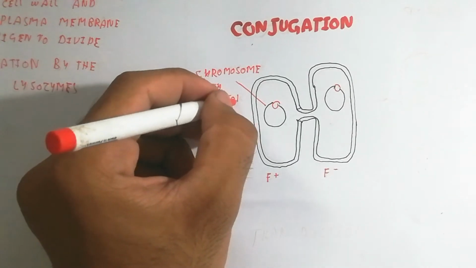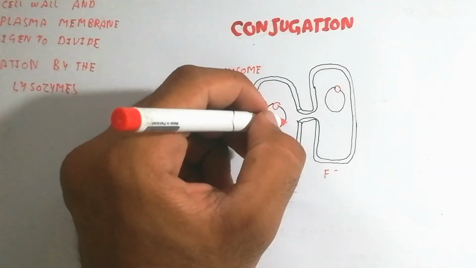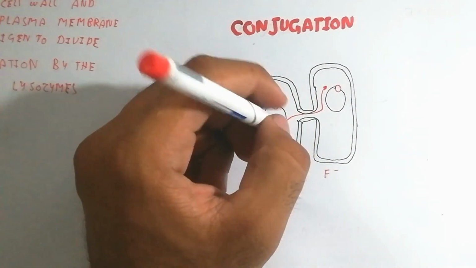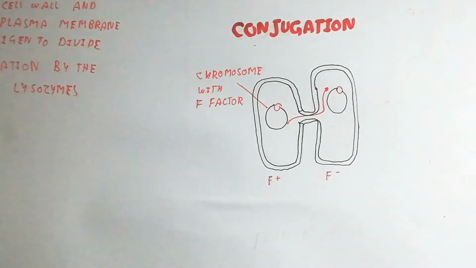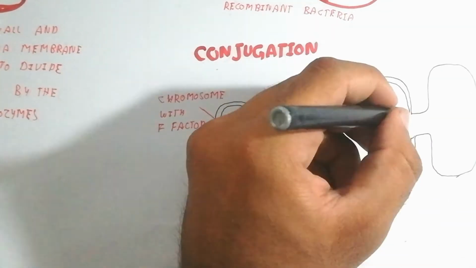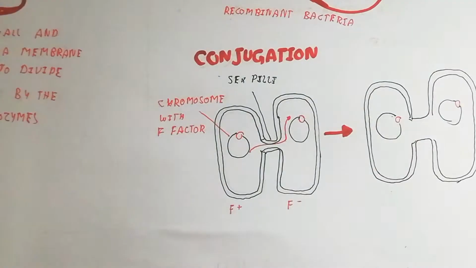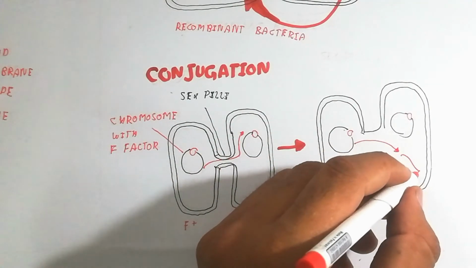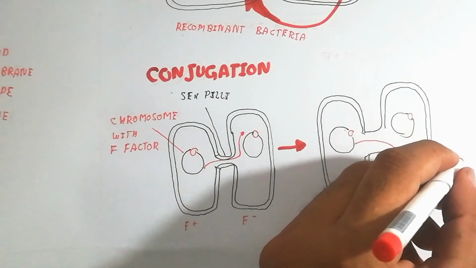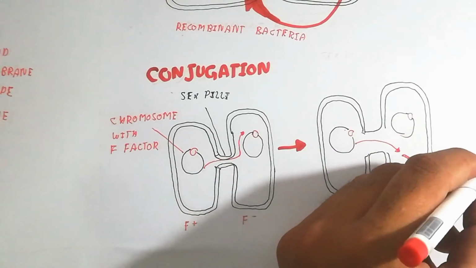F positive is the donor and F negative is the recipient, which receives the DNA. By displacement, the DNA attaches with the recipient's bacterial DNA and becomes a recombinant.